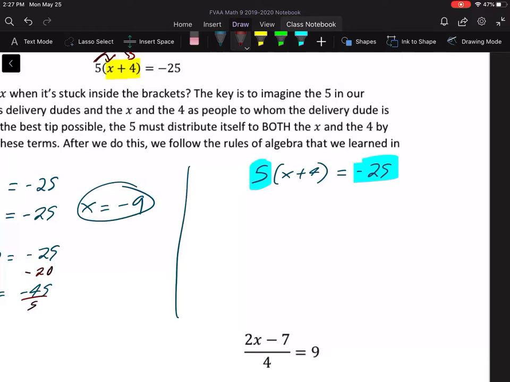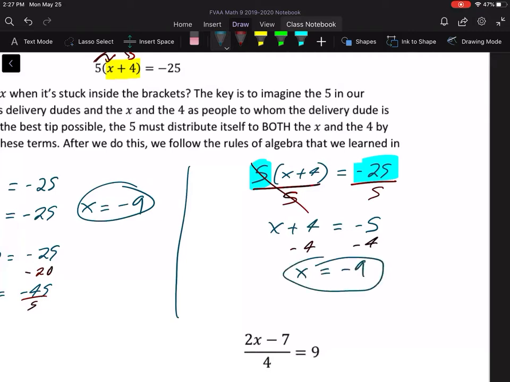So instead of multiplying this binomial by 5, I'm going to divide the equation on both sides by 5. That means this is times 5 divided by 5, which cancels out. That leaves me with x + 4 = -5. Then I subtract 4 on both sides, and you end up with x = -9.